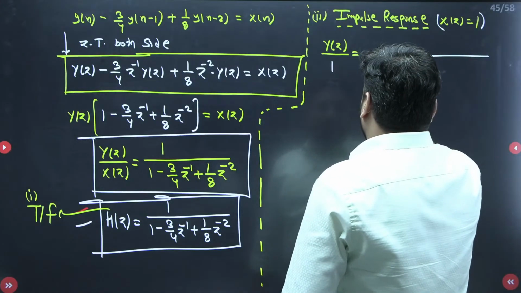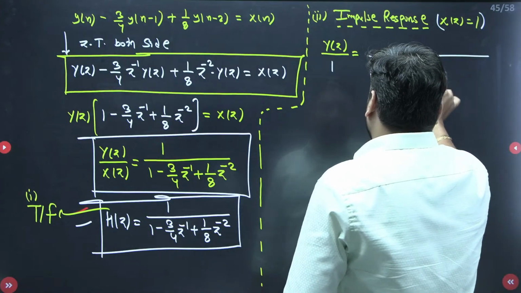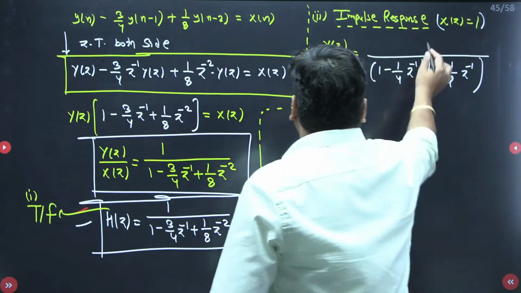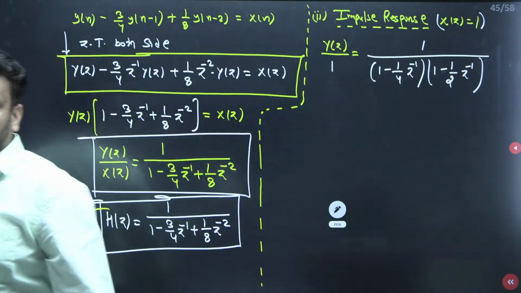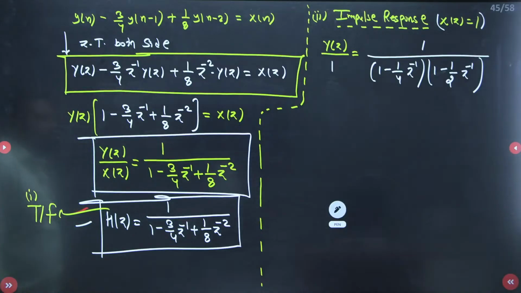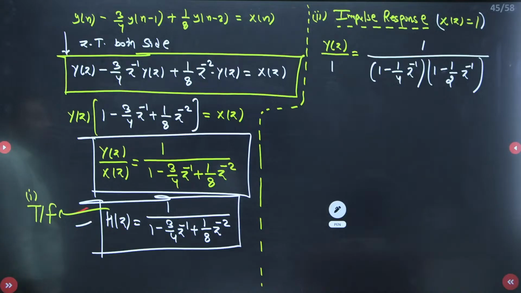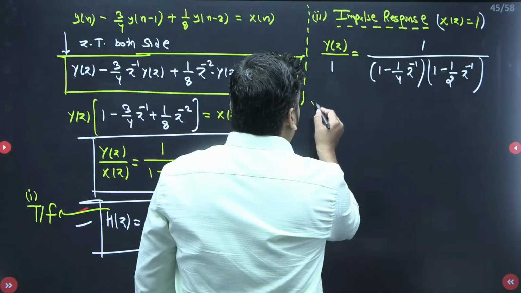Shall I write here 1 minus 1/4 z^-1 and 1 minus 1/2 z^-1? Just let me know, guys, can I write like this or not? Just multiply it, you get the same: 1 minus 1/4 z^-1 and minus 1/2 z^-1, 1/4 and 1/2 together make 3/4, and minus minus plus 1/8 z^-2. So now ultimately what will yz be?